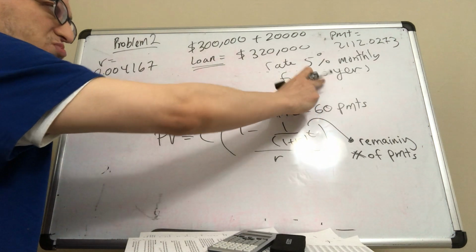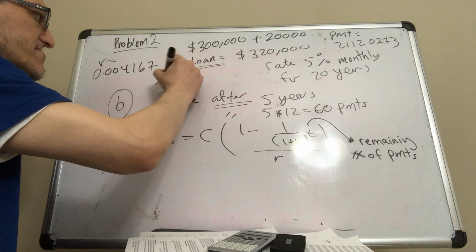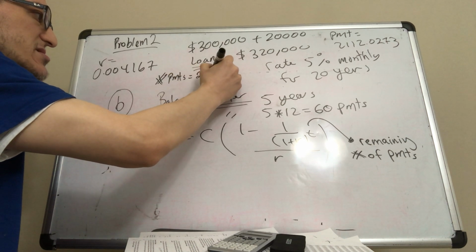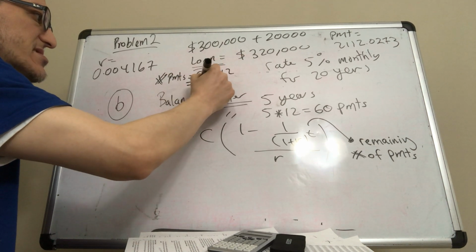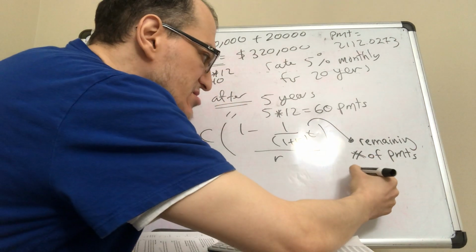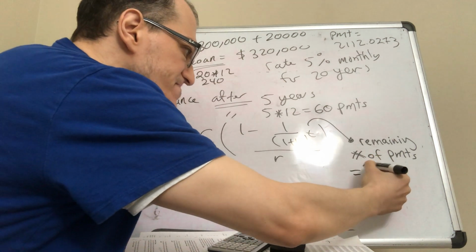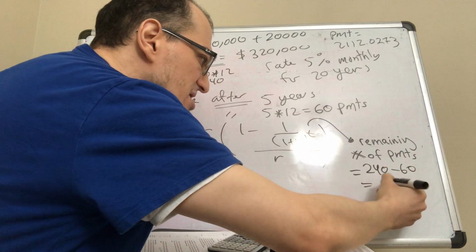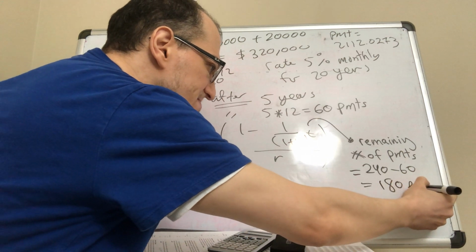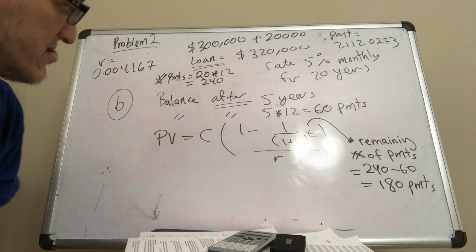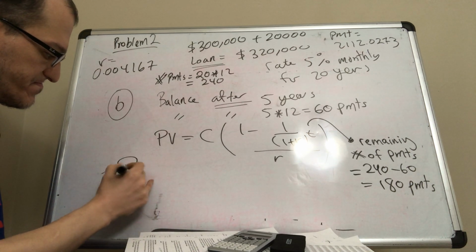The loan itself is 20 years, so the number of payments would be 20 years, you're making 12 payments a year, 240. So remaining number of payments, 240, you made 60, there are 180 payments left. So we still need to make 180 payments. So let's put everything together.